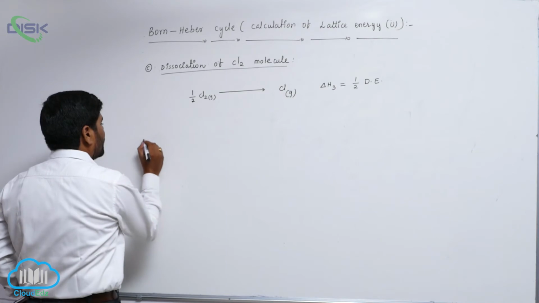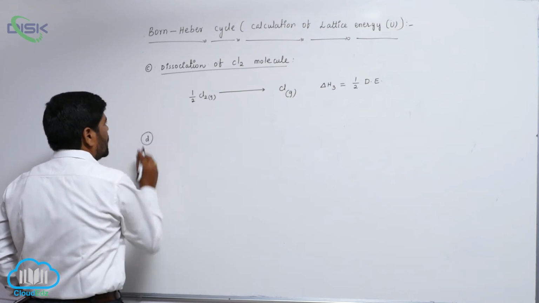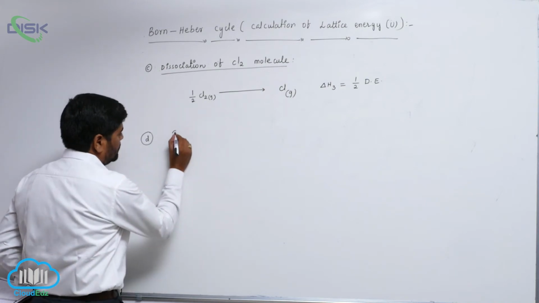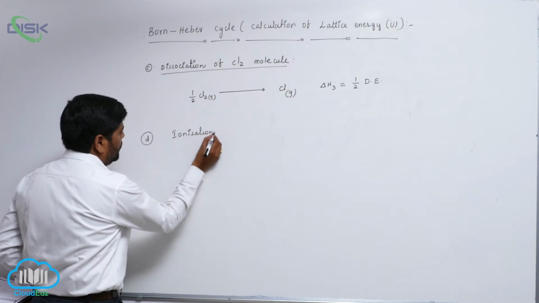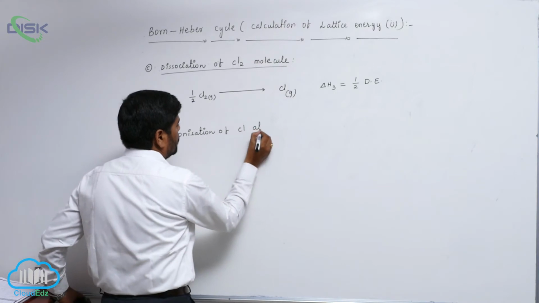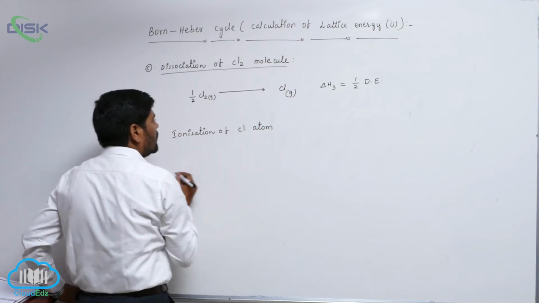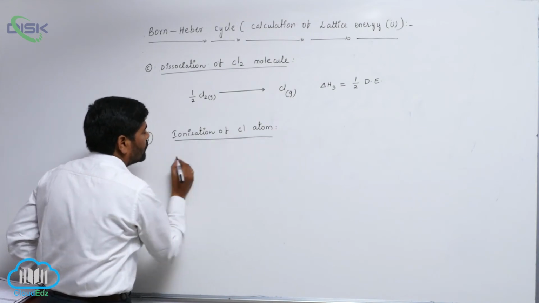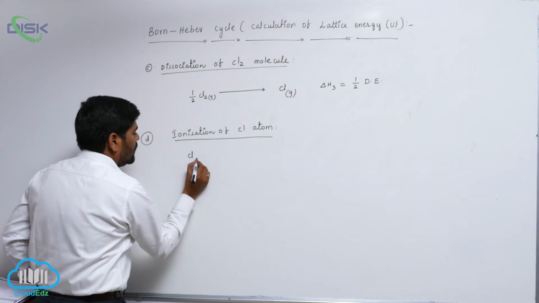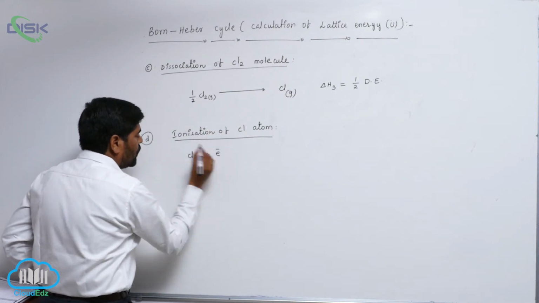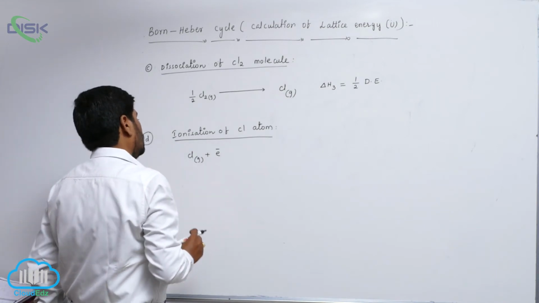Then D is ionization of chlorine atom. Now this gaseous state chlorine atom attracts an electron from sodium metal.